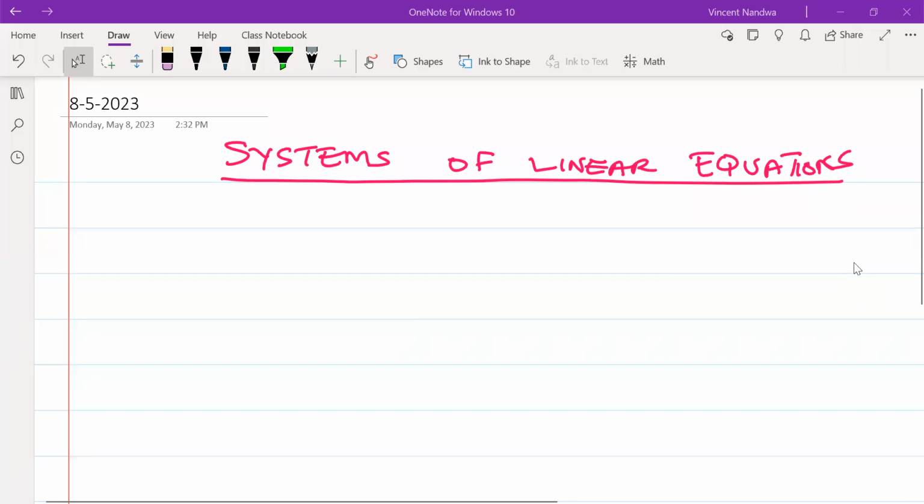So recall that a system of m linear equations in n variables is written in this form.